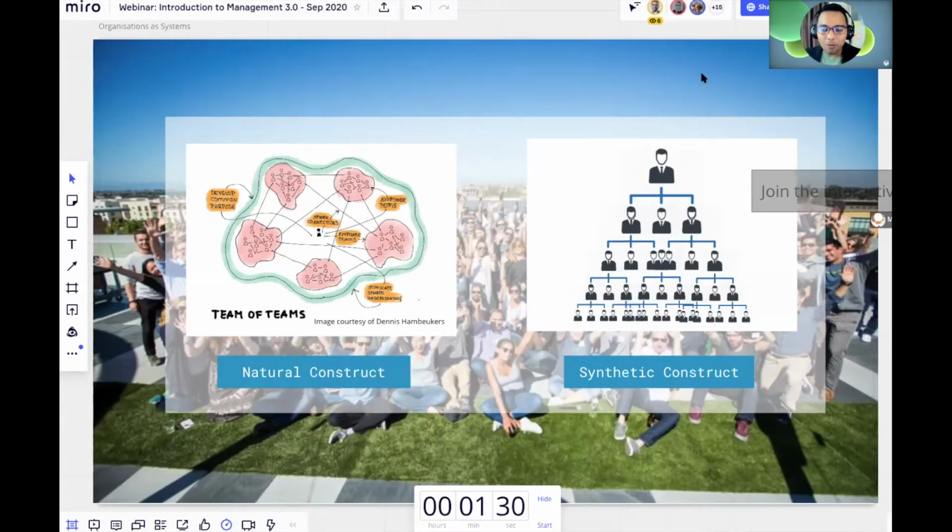We are all part of this system where we contribute collectively to delivering value to the organization. What marketing does may affect people in sales, and that may affect people in finance and even shareholders. So in actual fact, in its natural construct, it is a system rather than an artificial hierarchy.